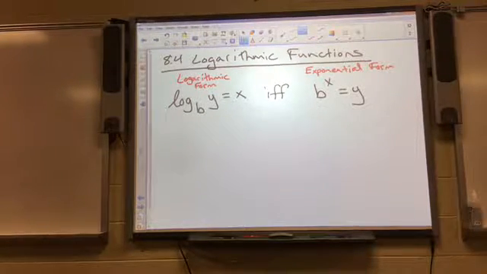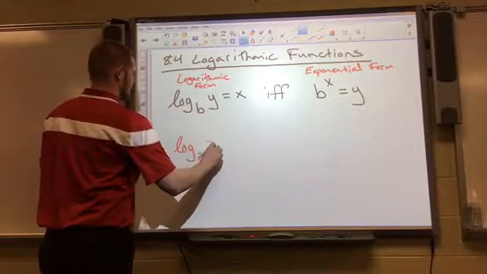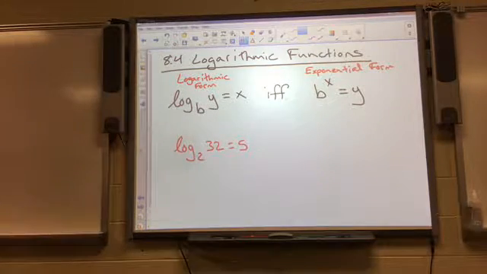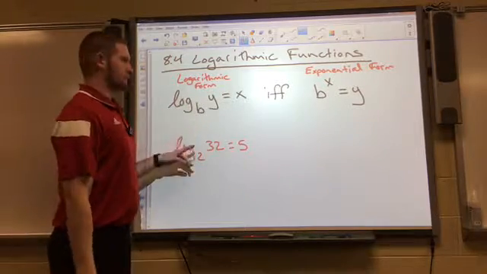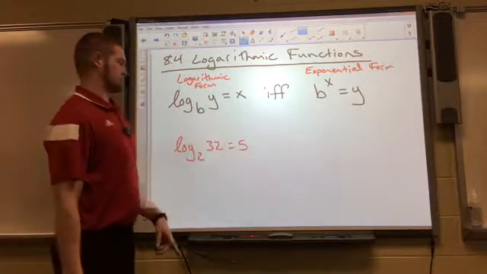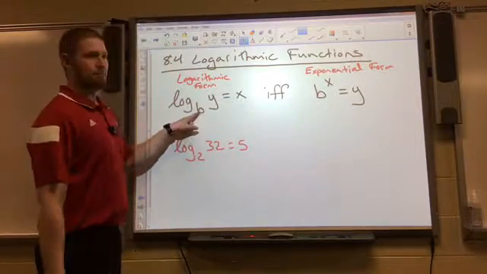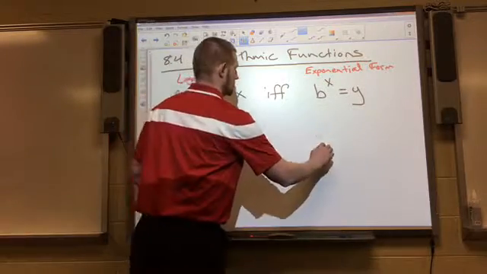Okay. So if I gave you log base 2 of 32 equals 5, okay, looking at where your letters are all at, you should be able to give it to me in exponential form. Okay, well, b is my base, right? So it is 2.